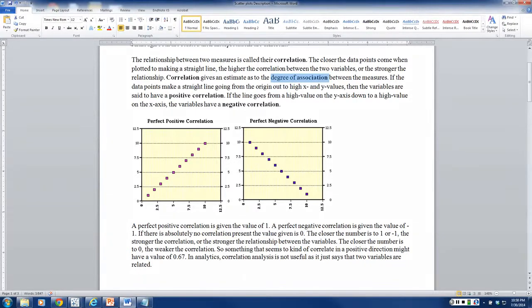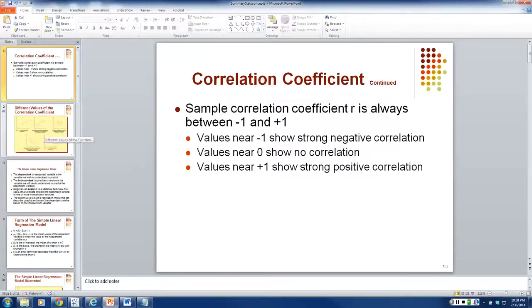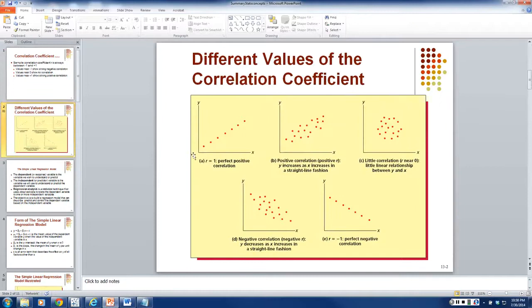To better understand the concept of correlation, we will look at it with some examples here. Let's see these examples as we saw here, y and x. So this is perfect positive correlation because everything is on the same line. There are no points scattered around this line. But there are some scattered points around this line, so this is not a perfect correlation.